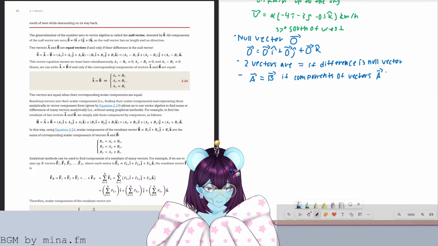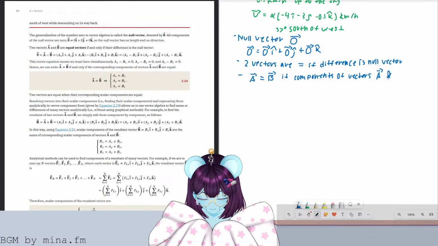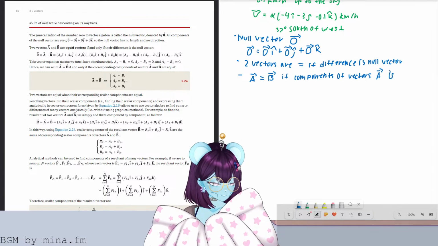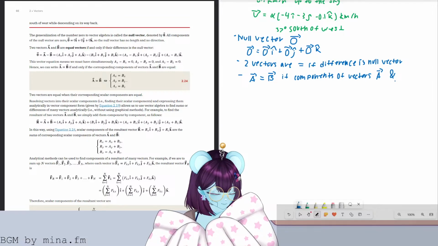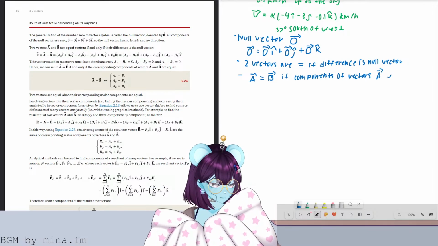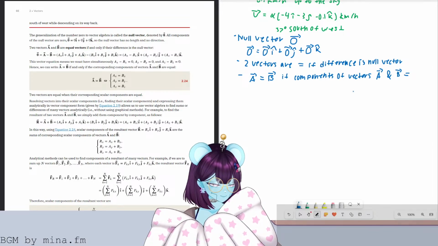I need to remember how to draw the ampersand. I always forget. Hold on, give me a moment. There we go. That's really bad, but yes, a and b are equal.